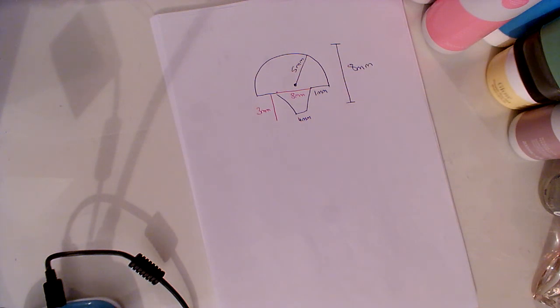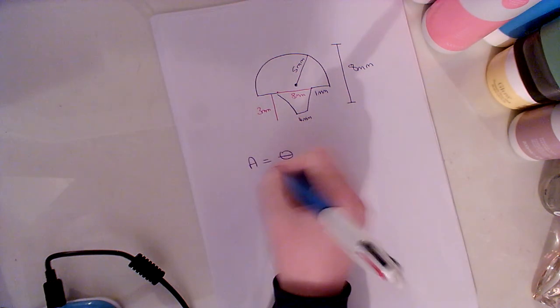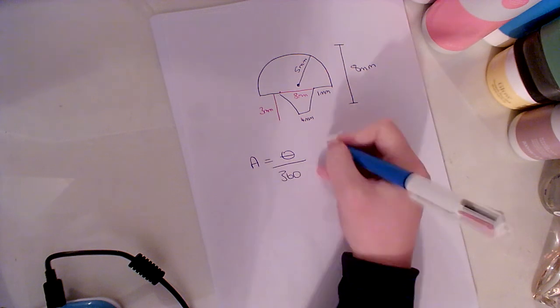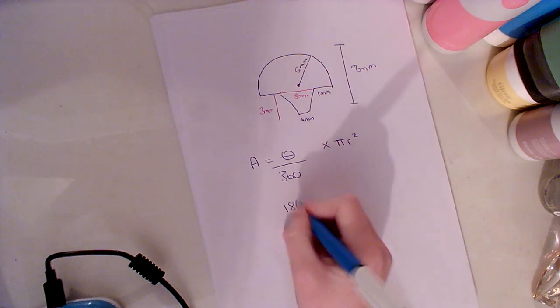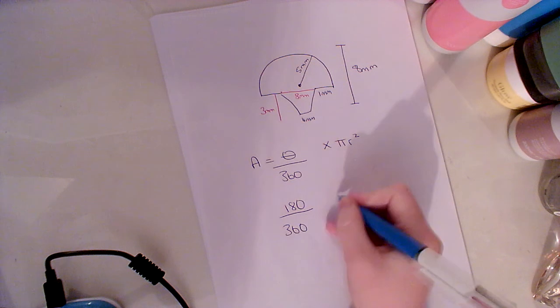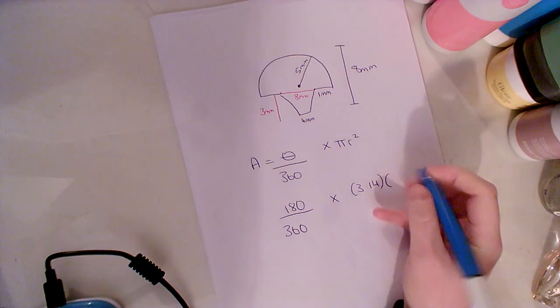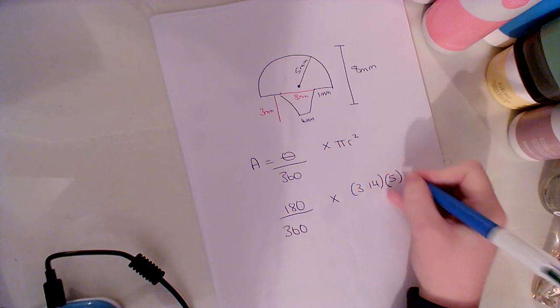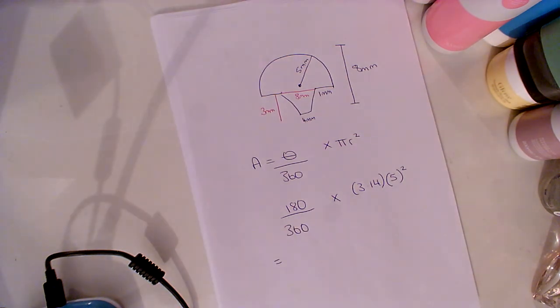So I have 180 over 360 multiplied by bracket 3.14, my radius, which is 5 to be squared. When I work out that, the area of my semicircle is 39.25 millimeters to be squared.